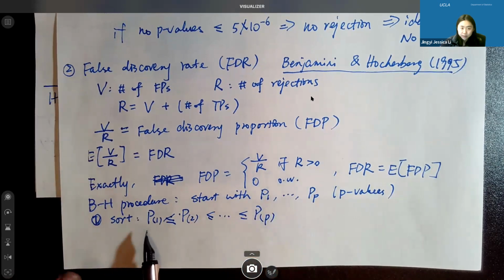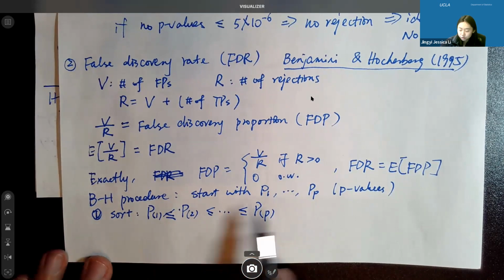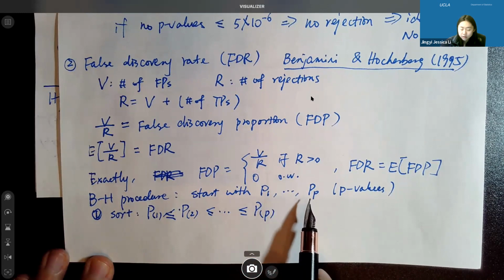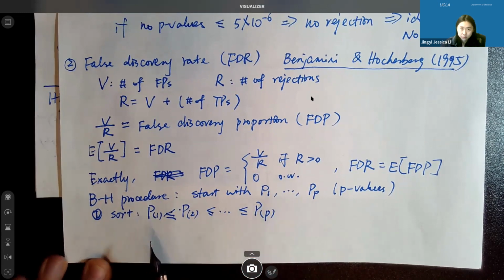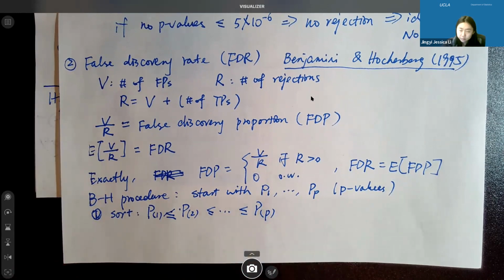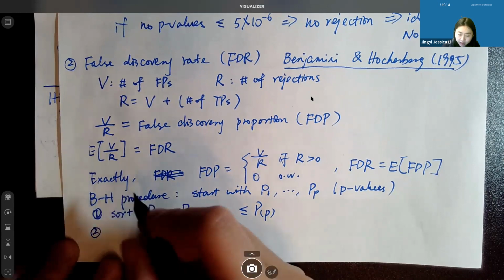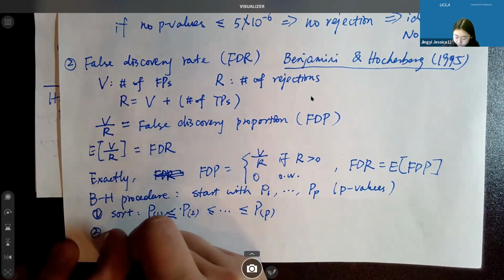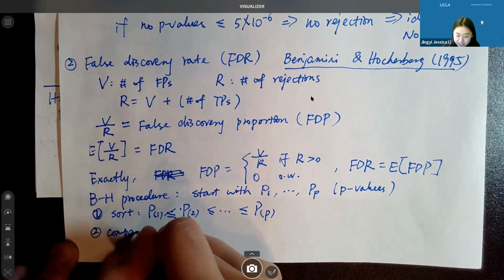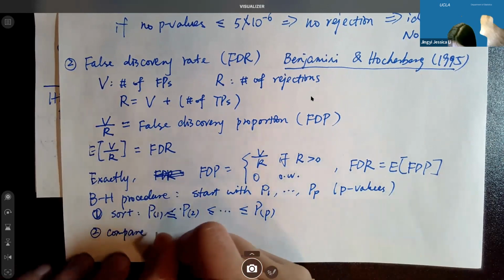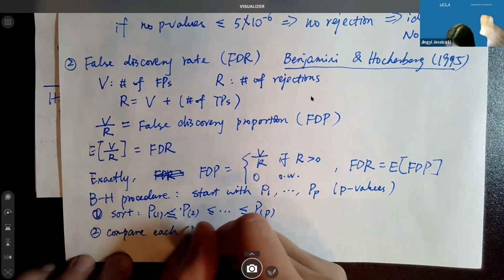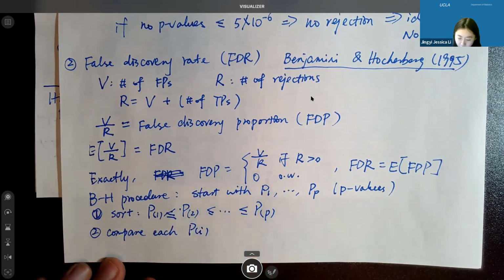The smallest p-value may correspond to any one of those genes, but I denote it with parentheses to mean it's the smallest one, and this is the biggest one. With the sorting, the next thing is to compare each P(i) with a threshold.